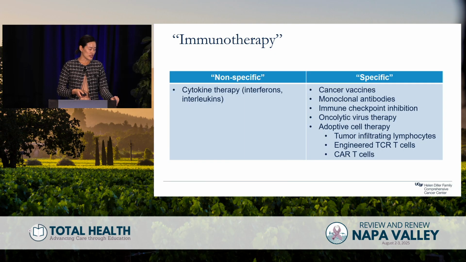I think that the field of adoptive cell therapy, specifically in solid tumors, is really exciting and changing a lot. But for the purpose of this talk, I will be focusing on the immune checkpoint inhibitors, since these have now formed over the past decade or so the backbone of treatment for so many different cancer types.